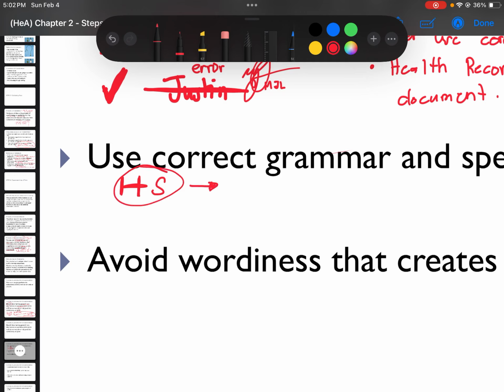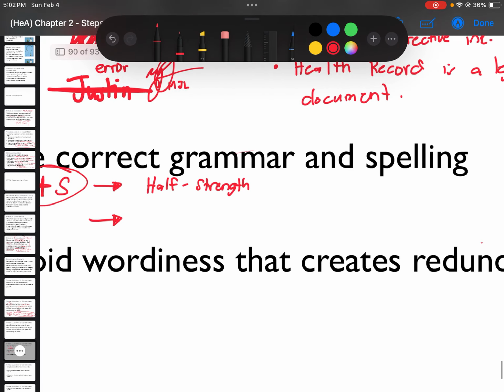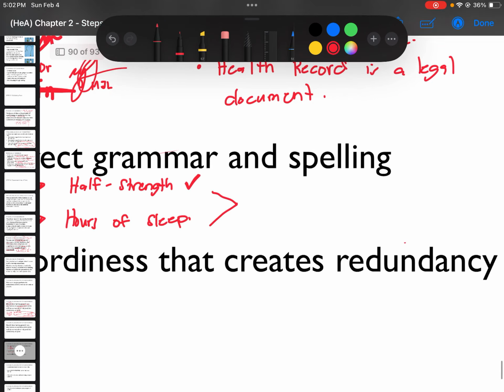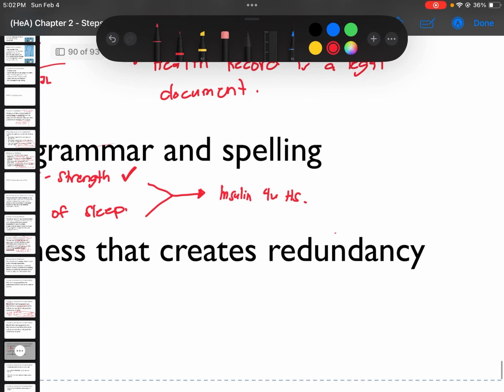For some hospitals it could mean half strength, while for others, class, it could mean hours of sleep. Let's say, for example, your hospital uses it for half strength. Then an order comes in, let's say, insulin 4 units HS.